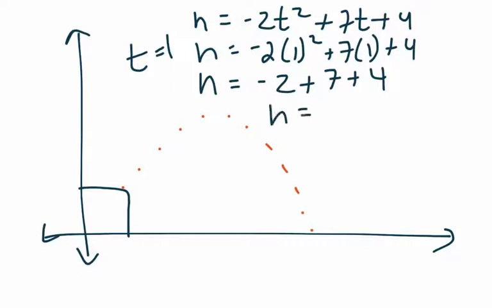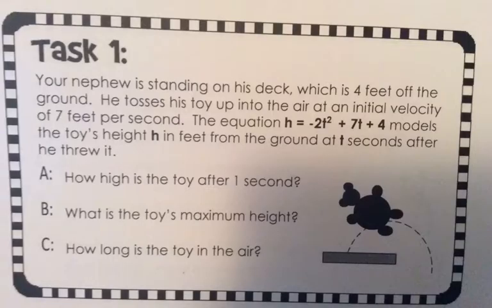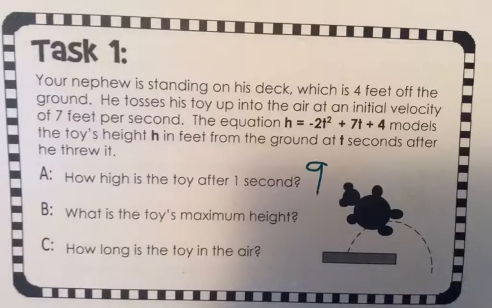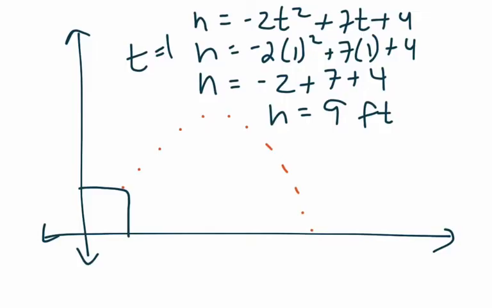And this is 9, I believe. And we are in feet because the problem was given to us in feet per second. So h is in feet, and our answer to question A is 9 feet. And that was just a matter of plugging in the number 1.